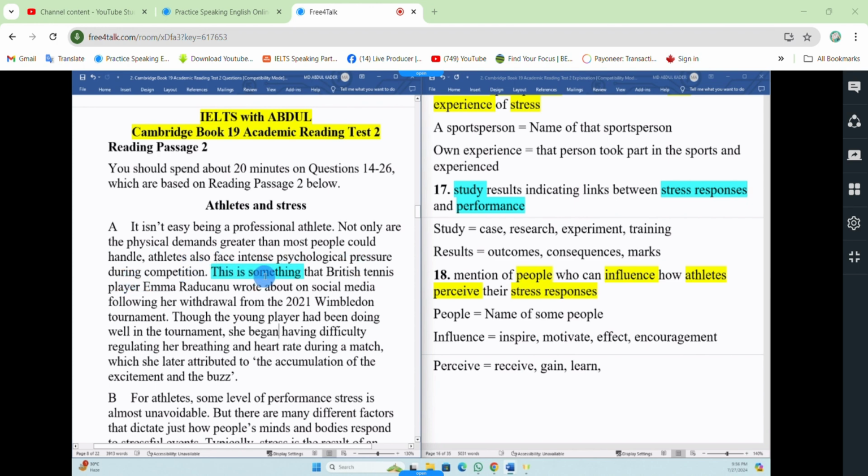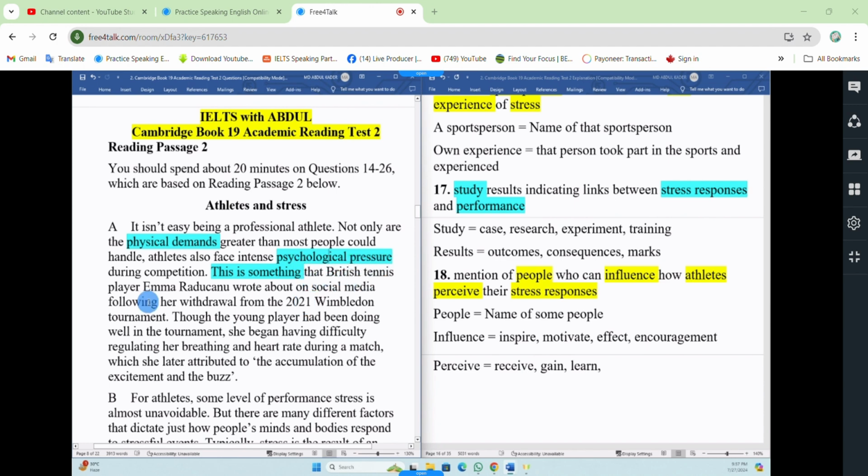So this is something means this part of the sentence is regarding two basic contents: number one is physical demand and number two is psychological pressure.